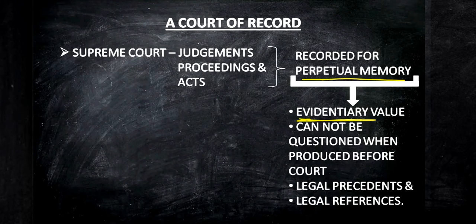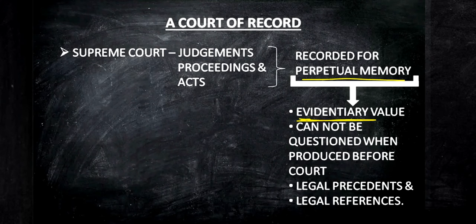So if the same judgment is given for a similar case, then that particular judgment cannot be questioned before any court. If such a recorded case is produced in dealing with a case in any other court, then the court cannot say that this judgment cannot be taken as a witness or cannot be taken as evidence.